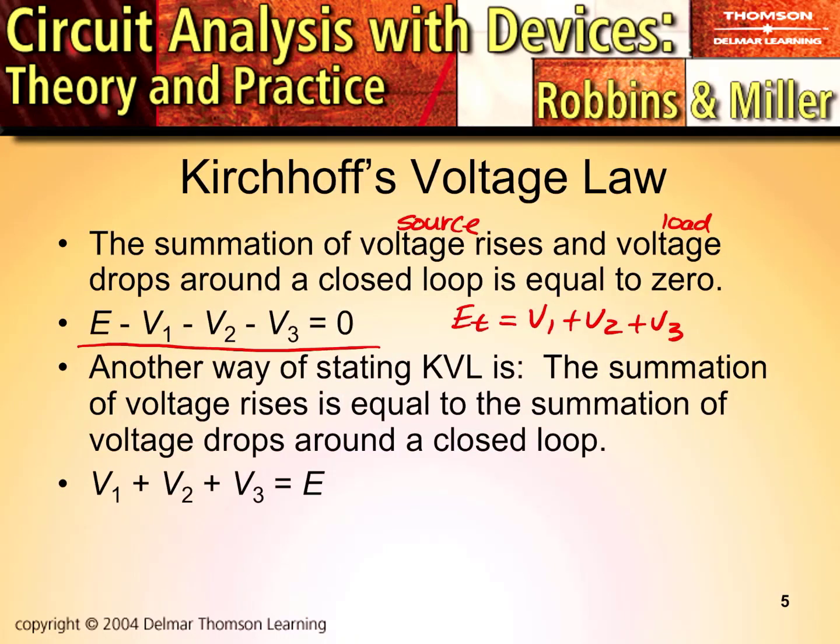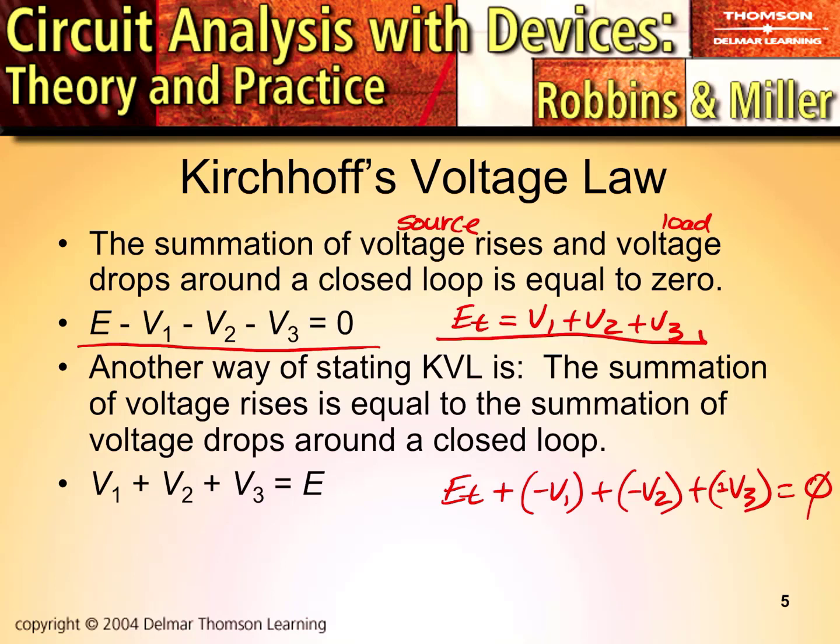You could think of it this way: E total plus minus V1 plus minus V2 plus minus V3 equals 0. The voltages in the loop are balanced to give you 0. All we did here was move all the drop voltages on one side of the equal sign and keep the source voltage or the voltage rise on the other side of the equal sign.